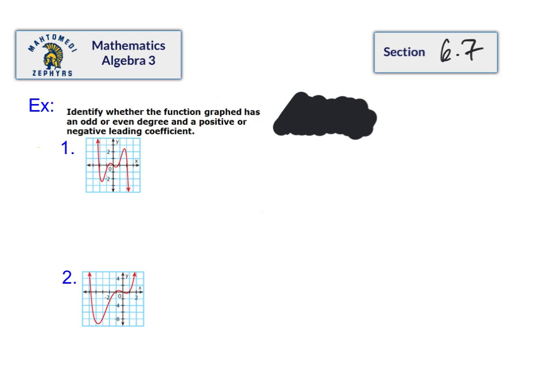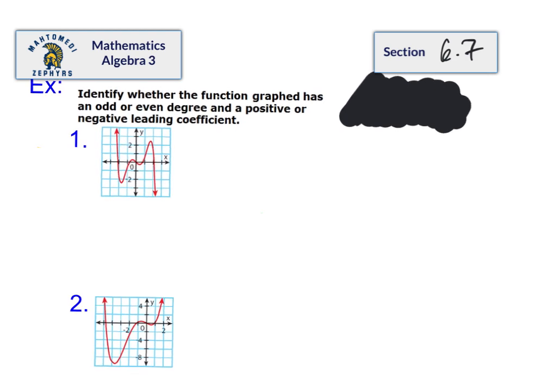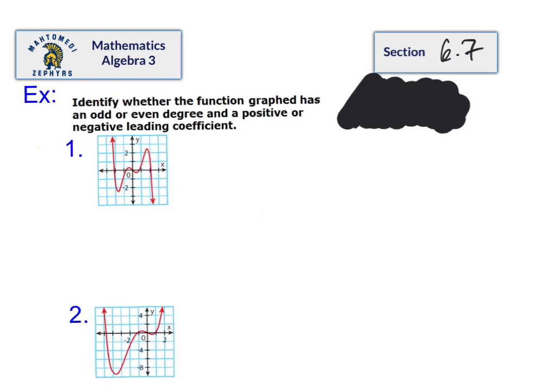Okay, now notice here we have the graphs given to us instead of the equation. So we're going to, in a sense, work backwards or in reverse. So let's get after it. So it says, does it have an odd or even degree? And does it have a positive or negative leading coefficient?